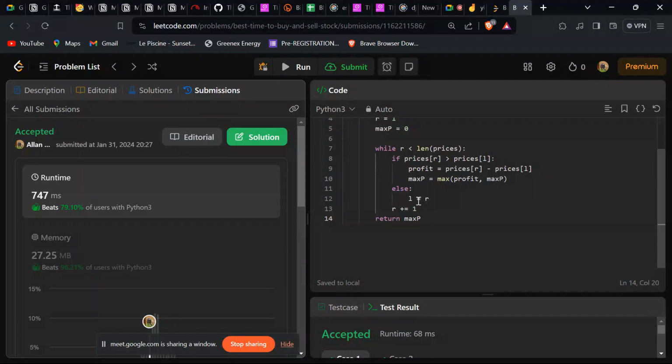Then we increment R by 1. That's the sliding window: we increment to find the maximum profit, and then return the maximum profit.